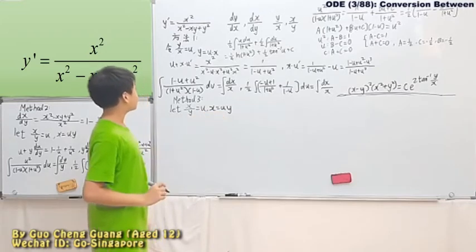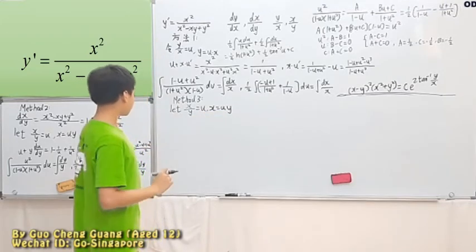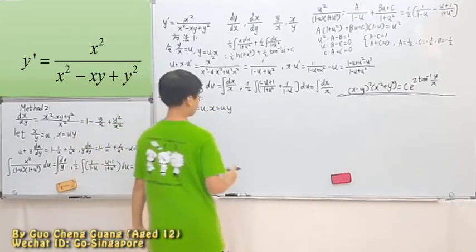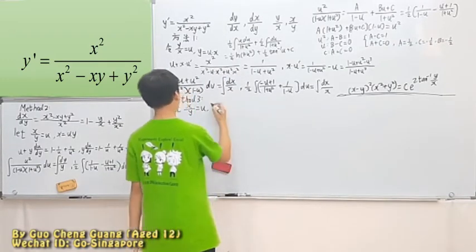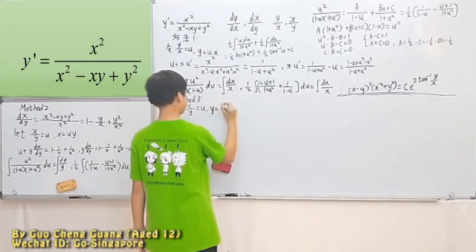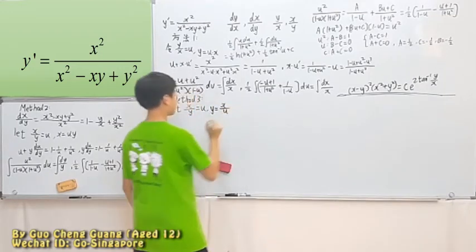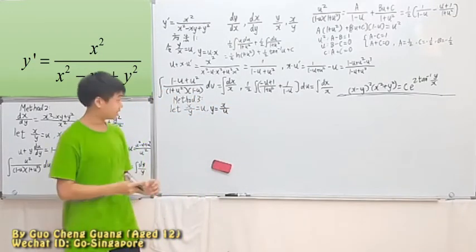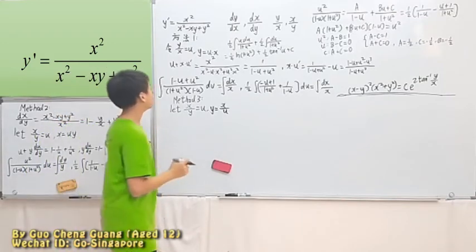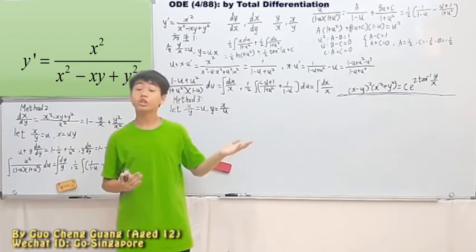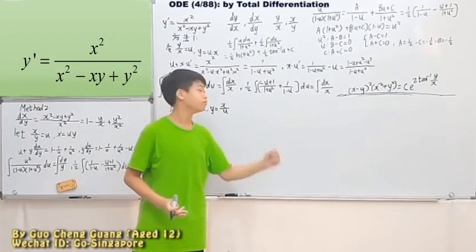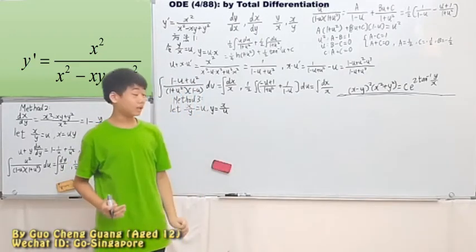X is u times y. Then when we put this inside, but wait a second, here is y. So you need x over u. Like this, then it's more like it. Put this inside the quotient rule. No, quotient rule will make it complicated. So we use the product rule.